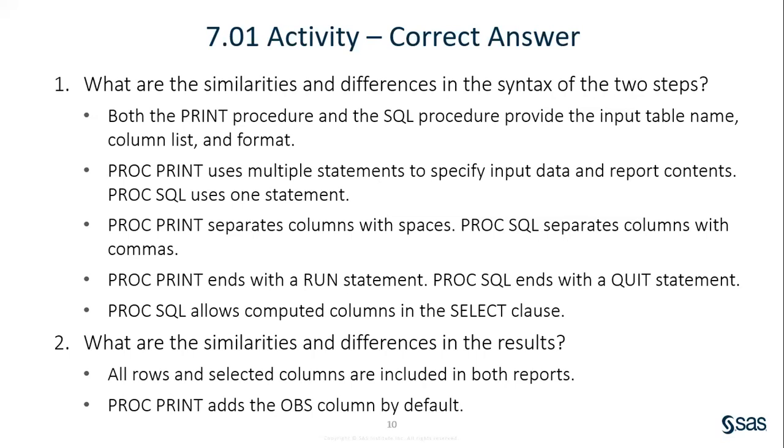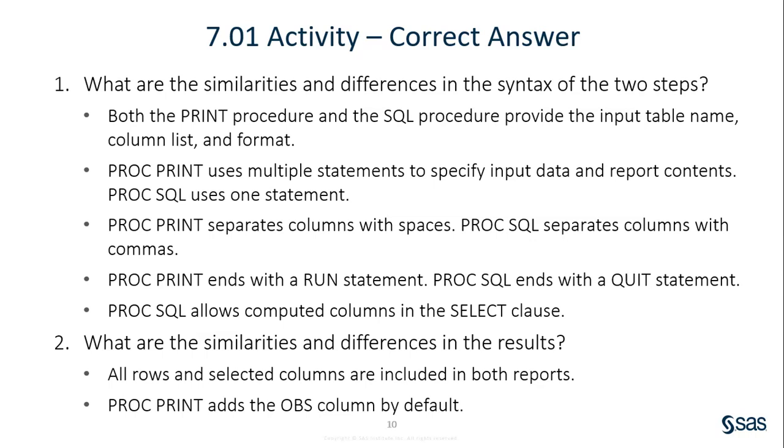Print ends with a run statement, SQL ends with quit. SQL allows computed columns to be created during your query in the select statement itself. But with print, we cannot do that. For that, the table which you are going to process in print should already have this new column, the computed column. Then only it will show in your output.